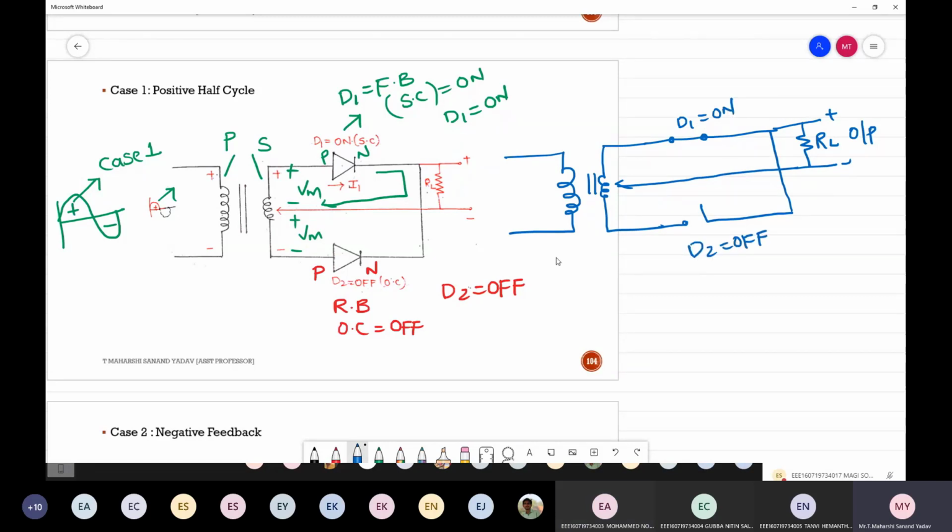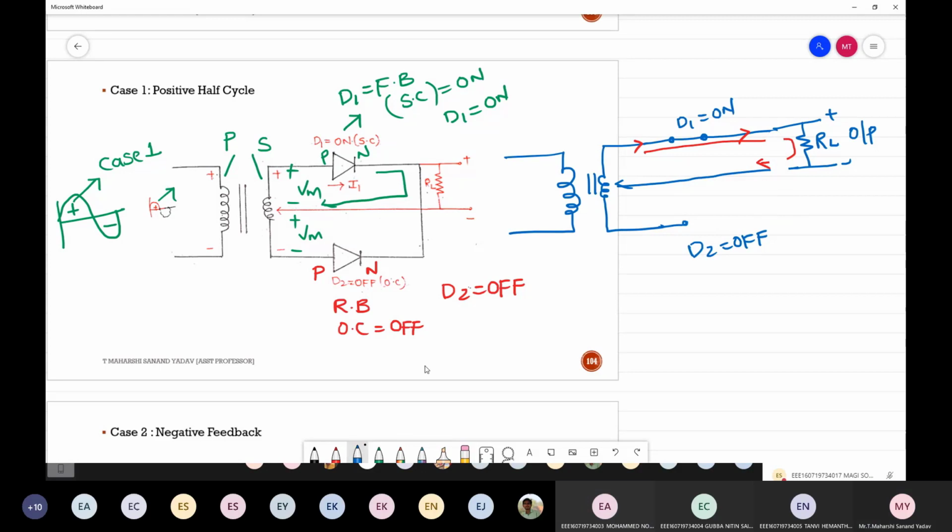Now tell me the direction of flow of current. So here you can expect the flow of current, right? How will it flow? From here, positive. As this is open circuit, I'm trying to erase this one, you see. As this is open circuit, I'm removing this portion, this wire also.